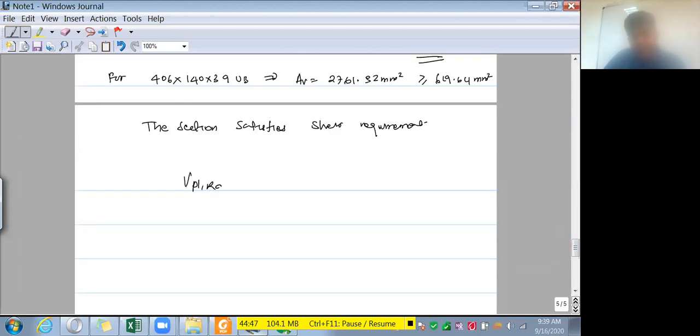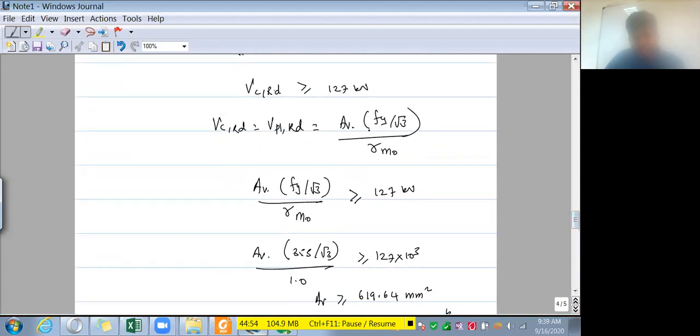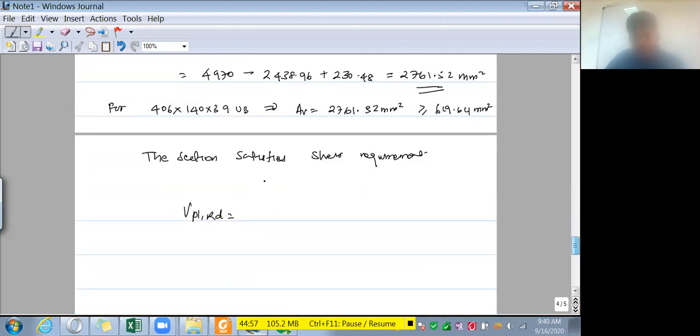V_pl,Rd is equal to this, AV into fy over root 3 gamma M0. So AV is 2761.52, into 355 over root 3.